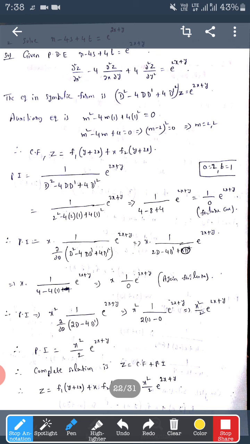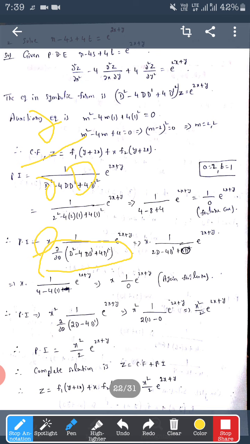Here we write x into, whenever the denominator becomes 0, we solve this by the method as x into 1 by, we have to differentiate partially with respect to D. That means dou by dou D, not with D dash.